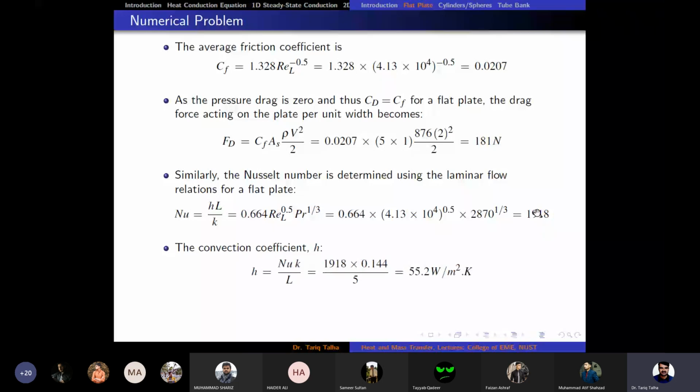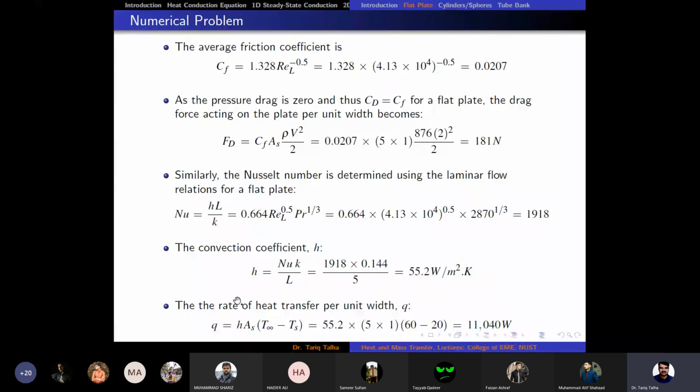So the convection coefficient from this formula, if we know the Nusselt number 1918, we can multiply it with K divided by the length of the flat plate to calculate this H value, and then we can calculate Q, which is H into AS into T infinity minus TS.